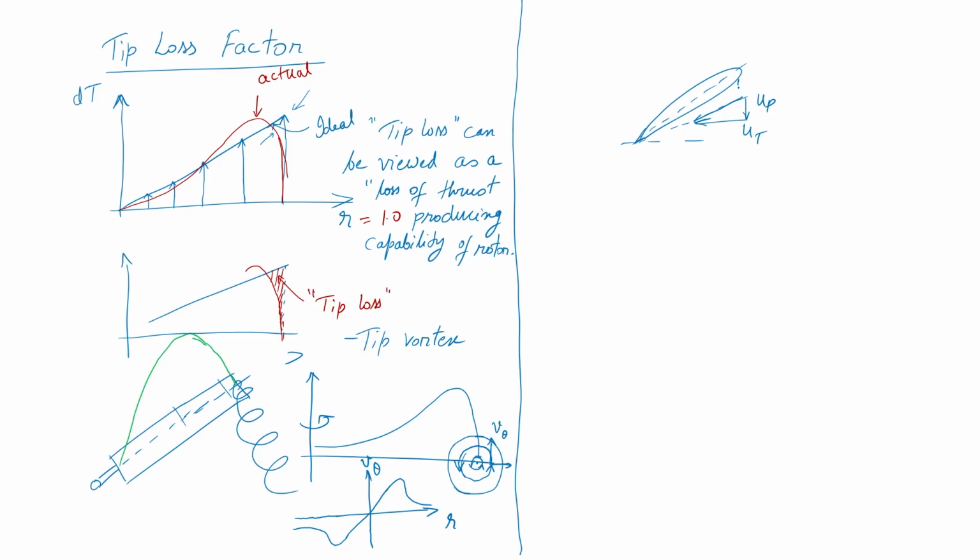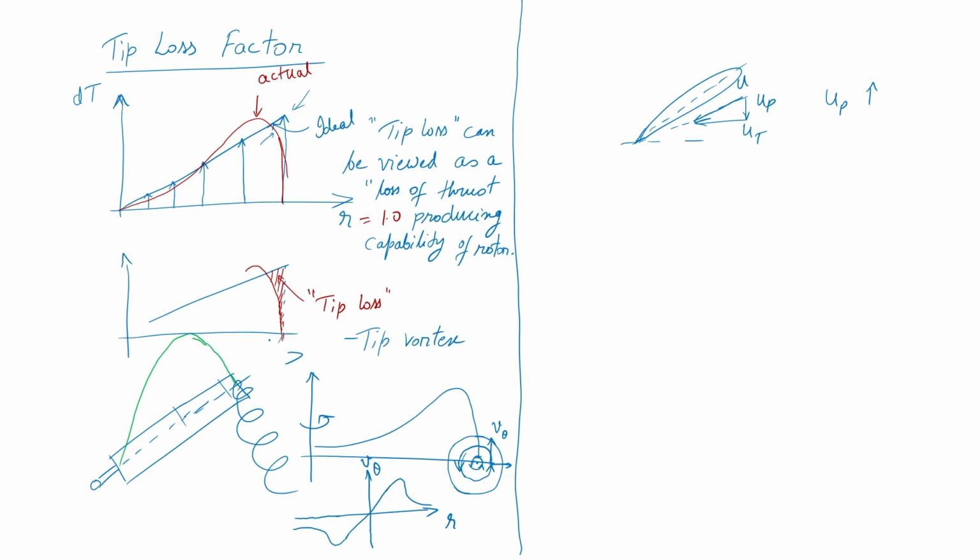So this becomes my U. You can see that up would increase because of the tip vortex. Anyhow, there is induced velocity everywhere on the blade, but because of the tip vortex this up would increase significantly, and it increases so much that it brings the angle of attack down to almost 0, and that is why your lift actually drops to 0 right at the tip.